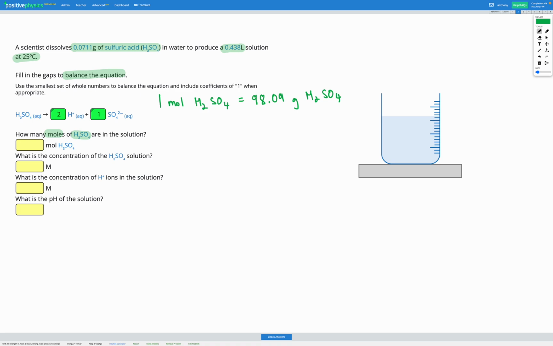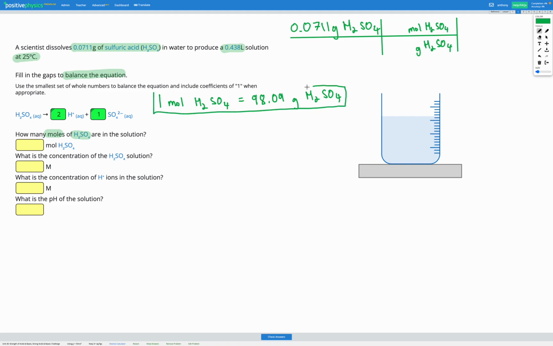We're starting with 0.0711 grams of H2SO4. So let's set up our dimensional analysis table. We want to convert from grams of H2SO4 into moles of H2SO4. We can tell from our conversion factor that 1 mole of H2SO4 is equal to 98.09 grams of H2SO4.